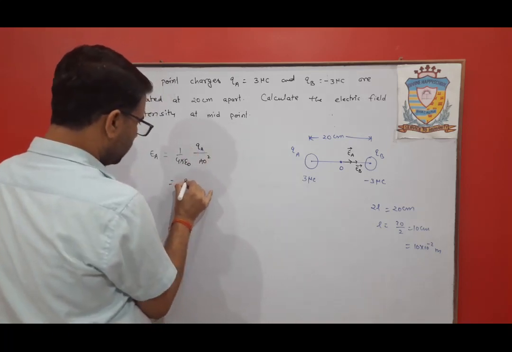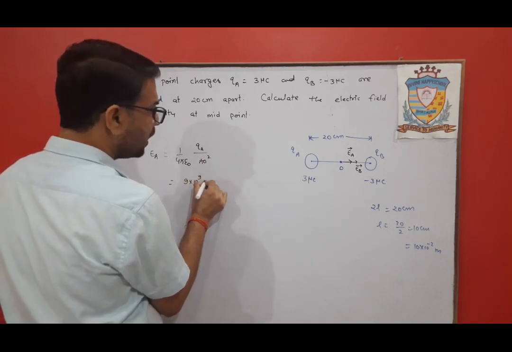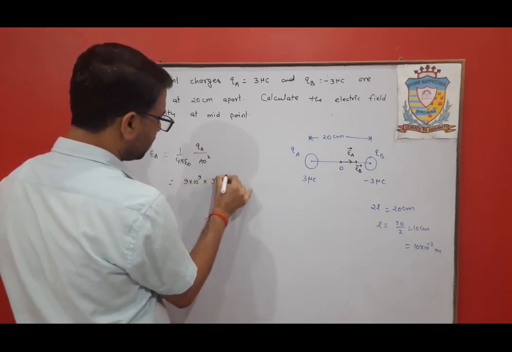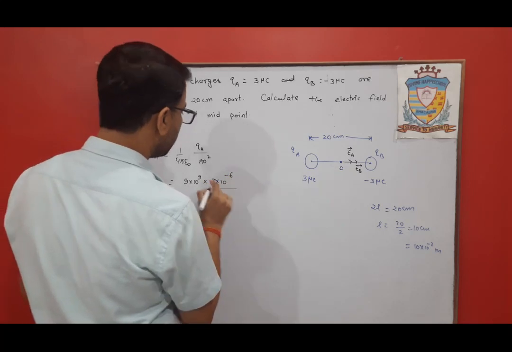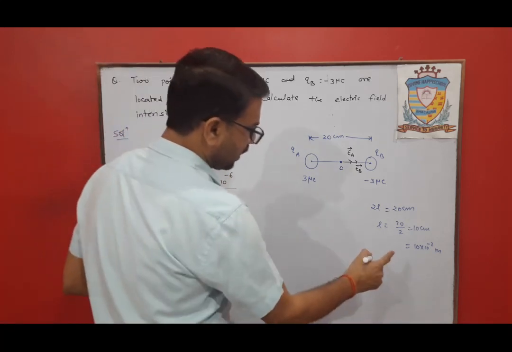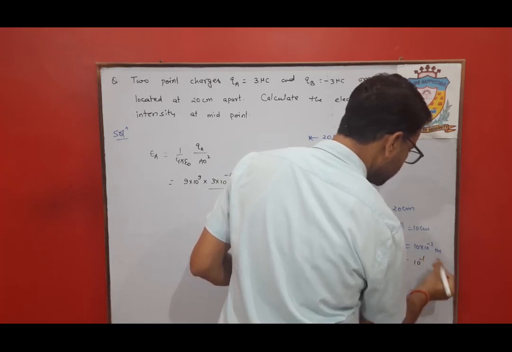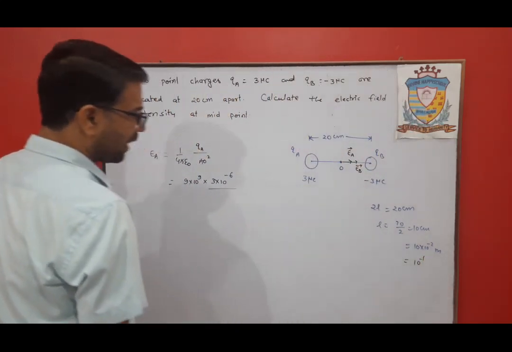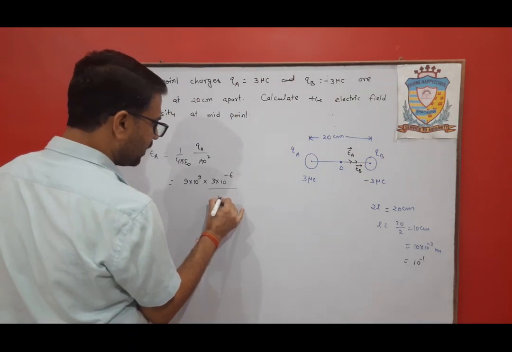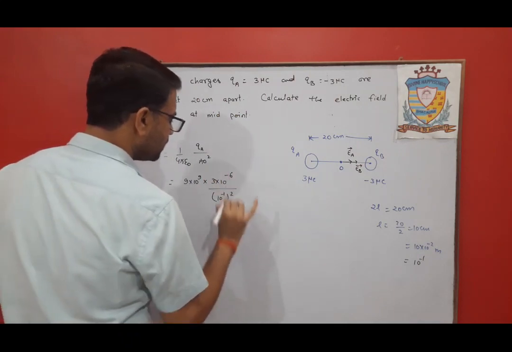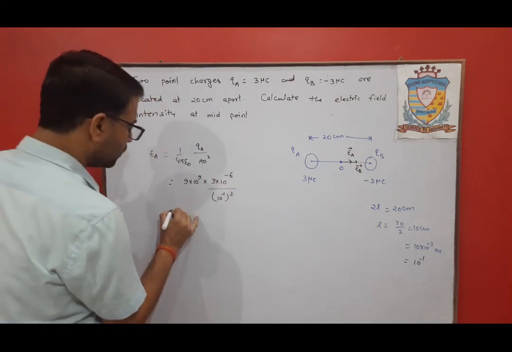Okay, so 9 into 10 to the power 9 into 3 into 10 to the power minus 6 upon the value of A. This can also be written as 10 to the power minus 1, and its square becomes 10 to the power minus 2.